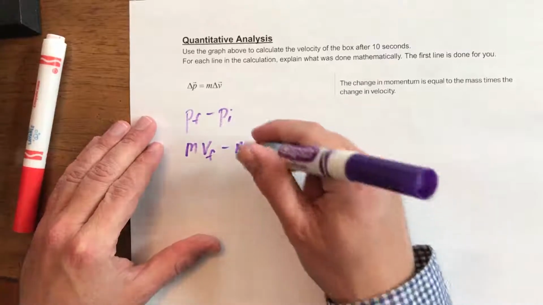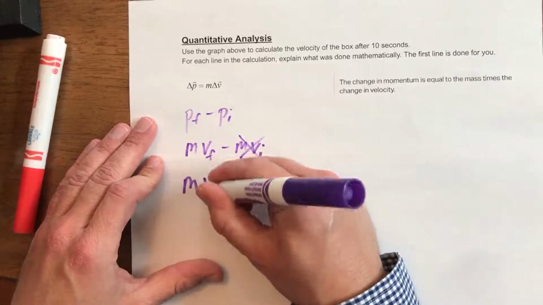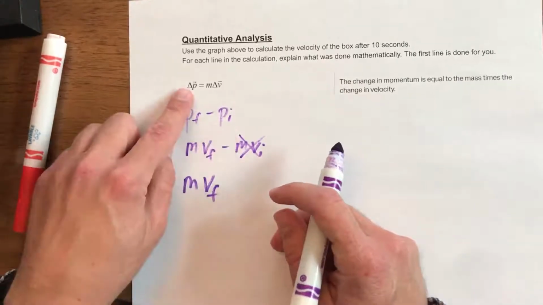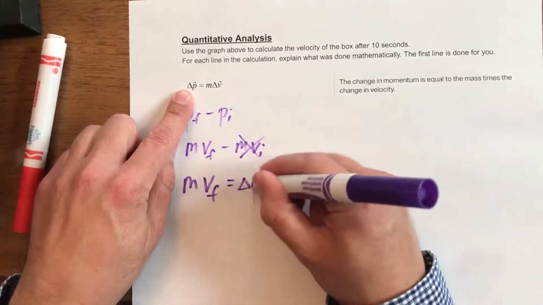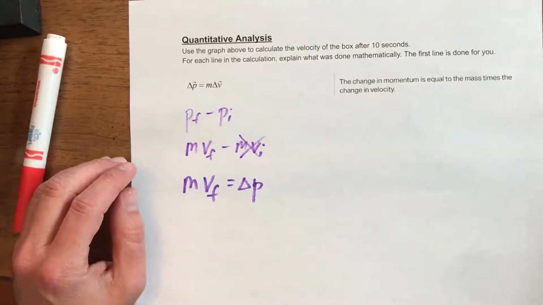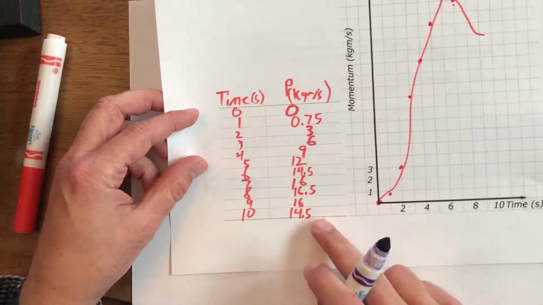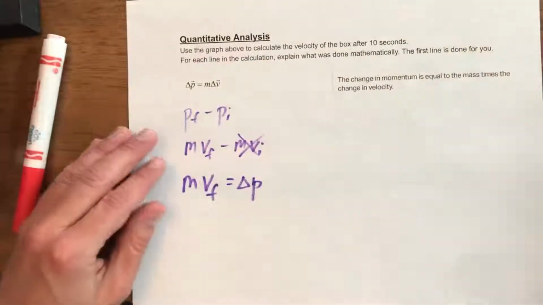So now we can start to plug in for this. We know that the initial velocity is 0, so that just drops out. So we know that mass times final velocity is our change in momentum. And we've actually already solved for that because we figured it out over here. When we counted it up, our change in momentum overall from beginning to end is 14.5.